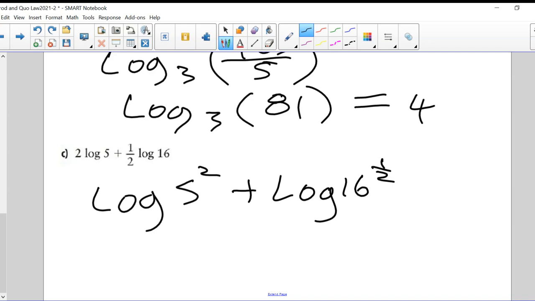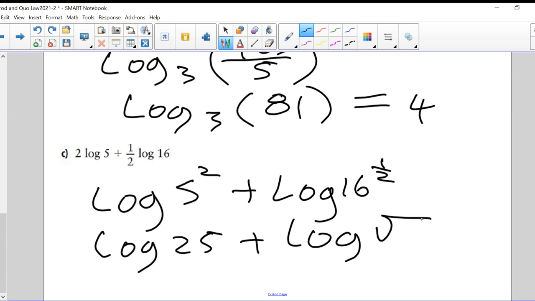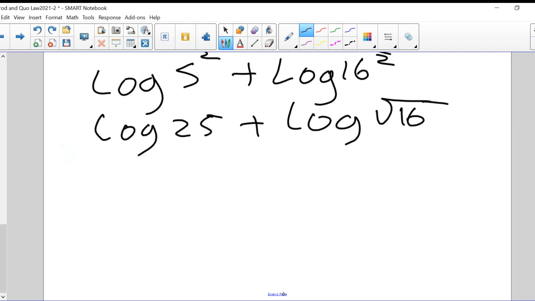Right? And then I'm going to say, okay, this is the log of 25 plus, what does this half mean again? I keep forgetting. I need you to help me out. What does it mean when I raise something to the power of a half? It's the square root. So it's the log of the square root of 16.